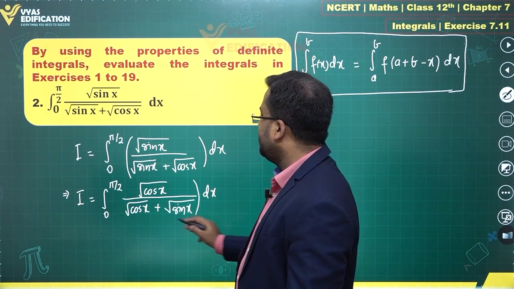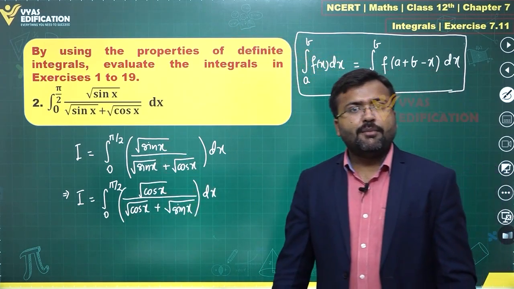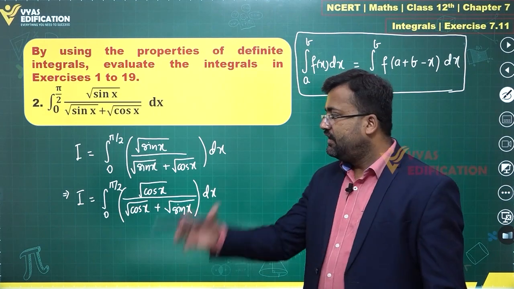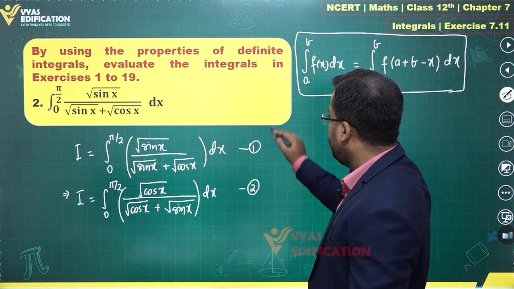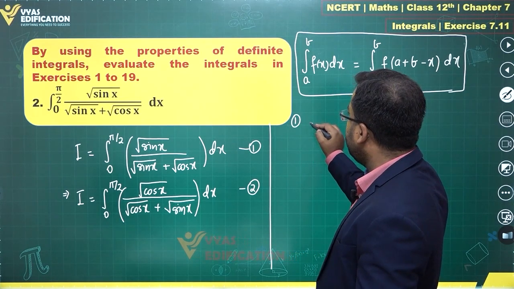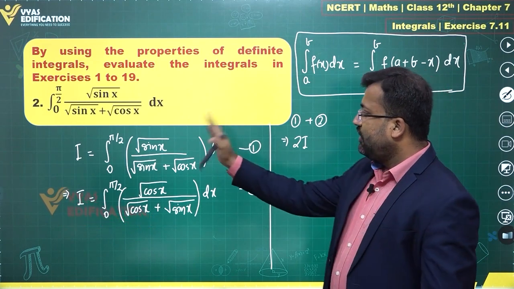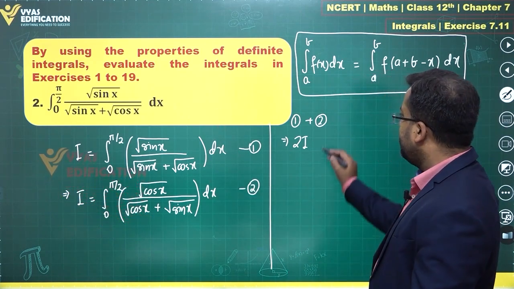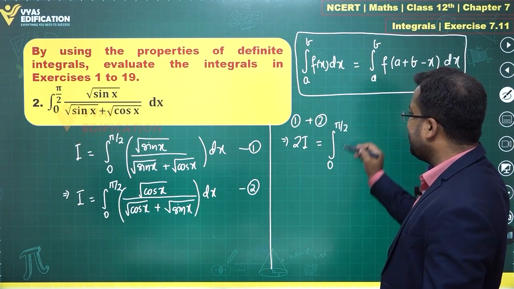If you see these two expressions inside the integral, the denominators are exactly the same. So this is 1, this is 2. I can add 1 and 2, and that gives me 2I. On the LHS you have I plus I, which is 2I, equal to the integral from 0 to pi by 2. The limits are exactly the same.